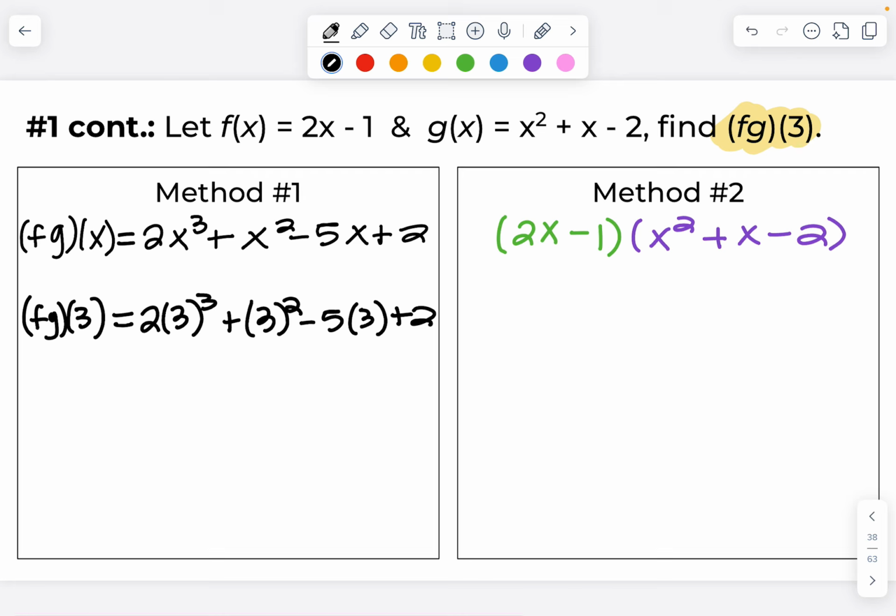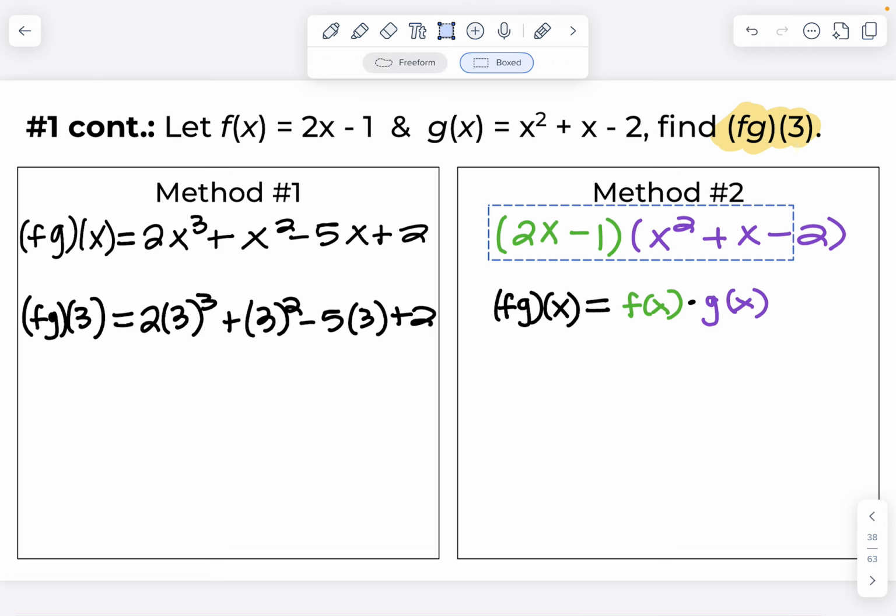So what you can do instead is look at it in its pieces. So remember, f times g of x is the same thing as f of x times g of x.